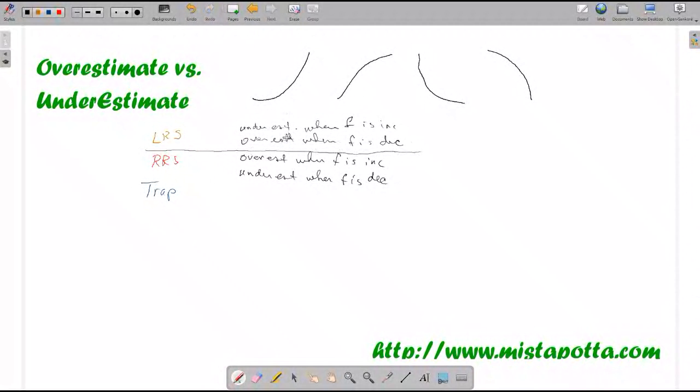So what we need to do now is investigate our trapezoidal rule. And of course, keep in mind our trapezoid rule is going to connect our left endpoints and our right endpoints. So it's going to act like a secant line.